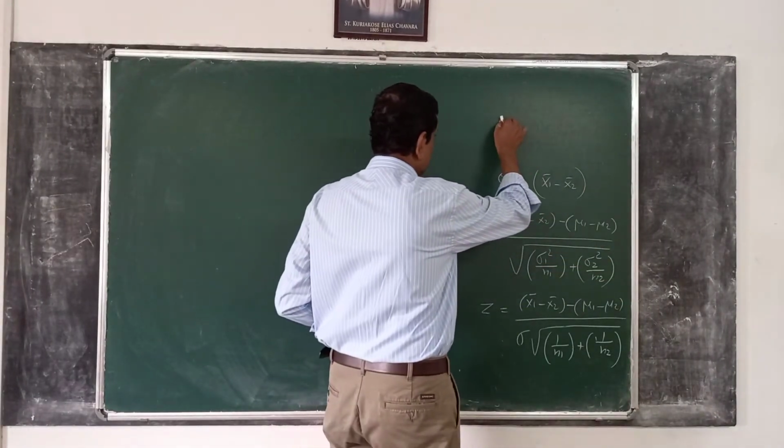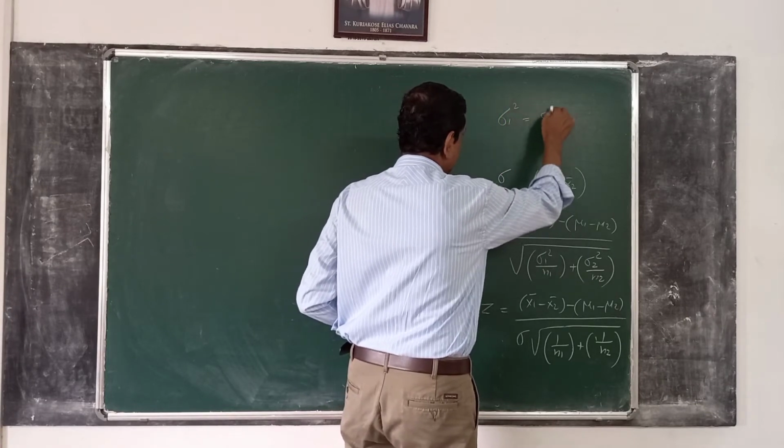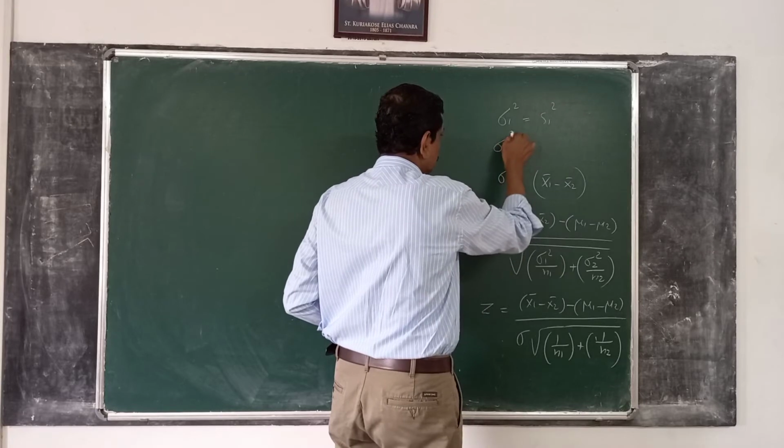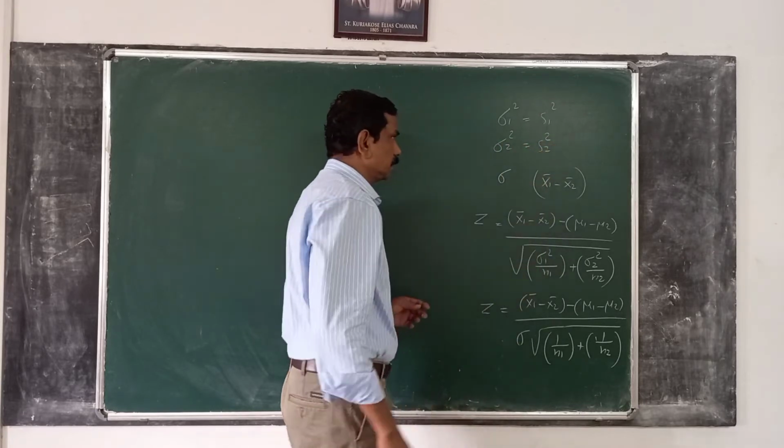So, sigma 1 square is estimated by S1 square, and sigma 2 square is estimated by S2 square.